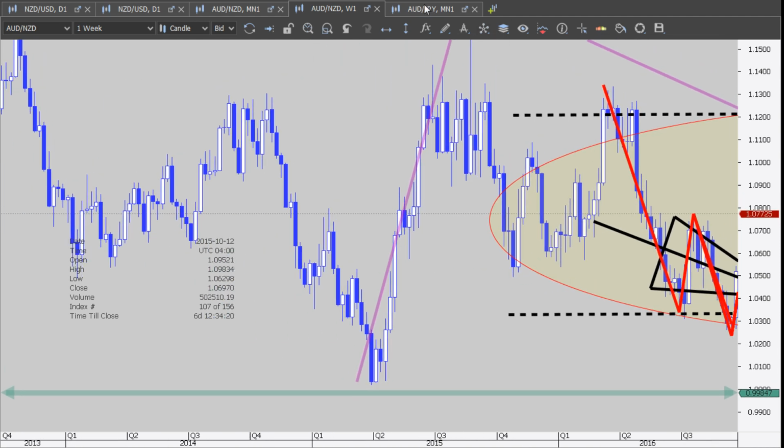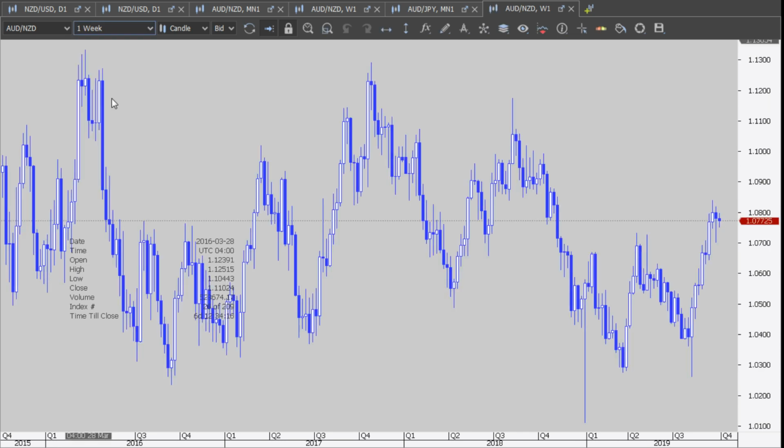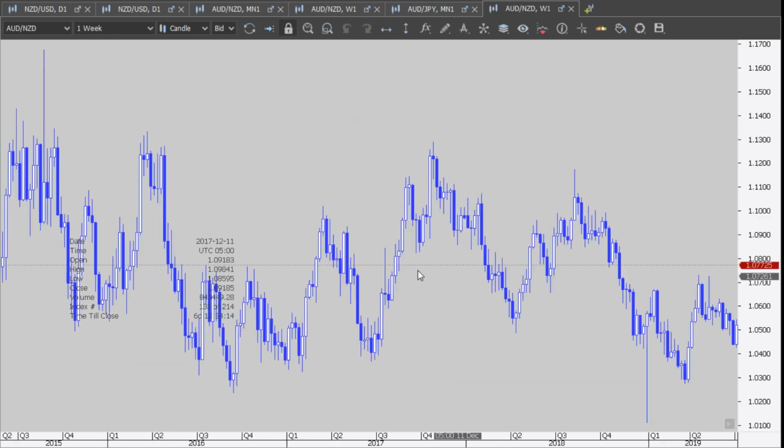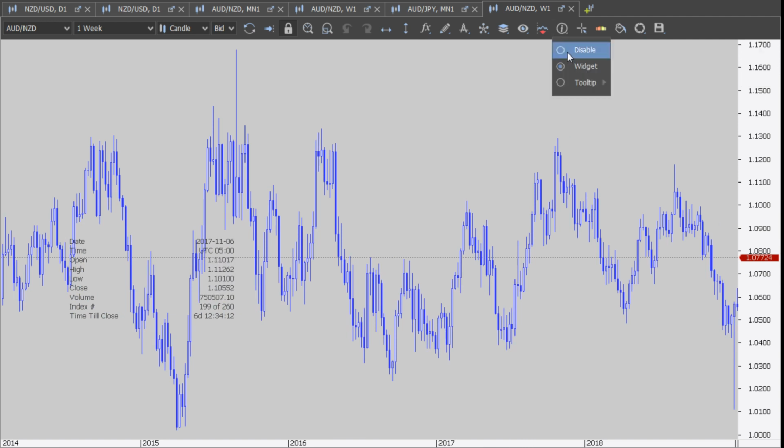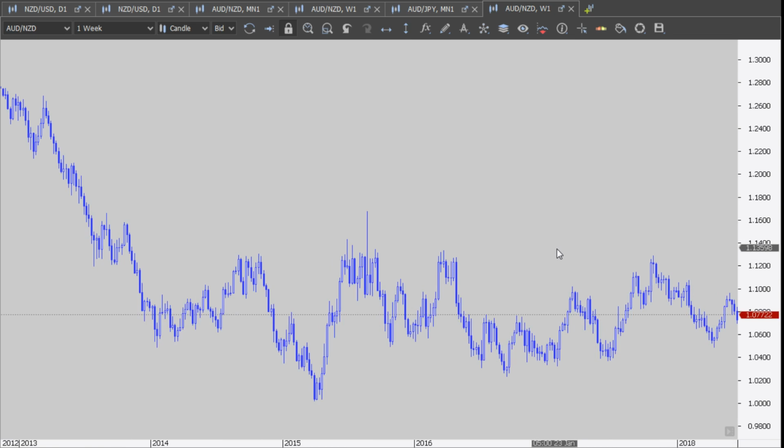I'm going to open a new chart, AUD NZD weekly chart. There you go. Miguel, we are here. So this is the extension leg, and this is the retracement leg.